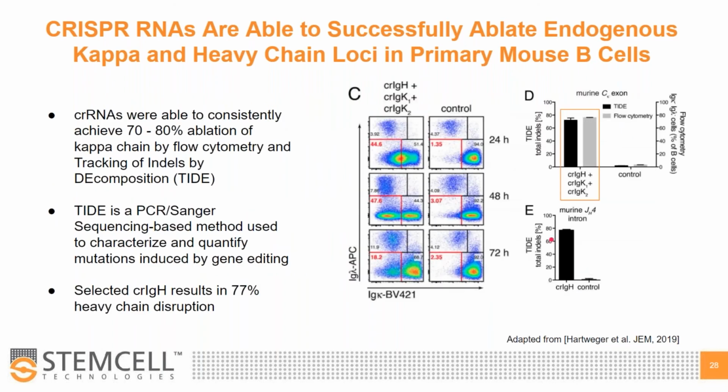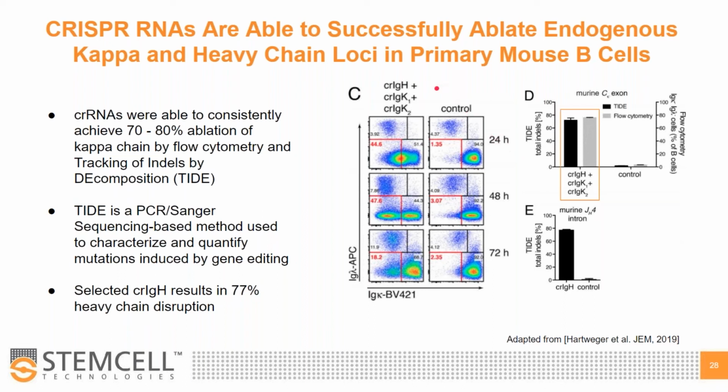They use a couple of strategies to look at whether they've successfully ablated heavy and light chain genes: flow cytometry, shown here, as well as TIDE, or tracking of indels by decomposition. This is a PCR and Sanger sequencing-based method, which is able to identify insertions and deletions and quantify these, which were induced by gene editing.